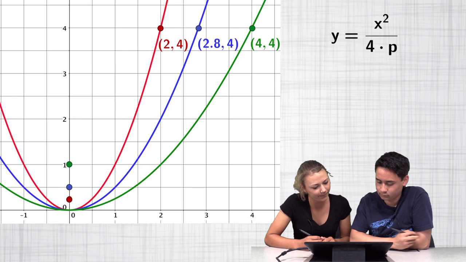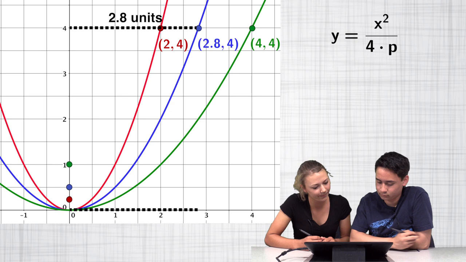They are referring to the fact that the x value in the point x, y controls the horizontal component of that point. Notice how the point 2, 4 on the red parabola is 2 units to the right of the y-axis. As the x value of the point increases to 2.8 for the blue parabola, the point stays along the horizontal line at y equals 4.